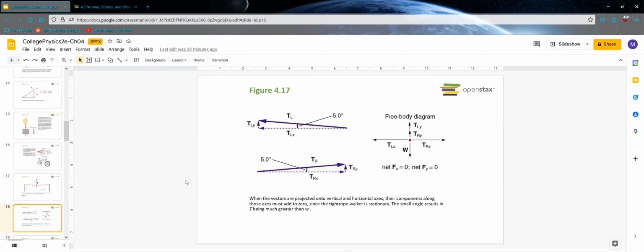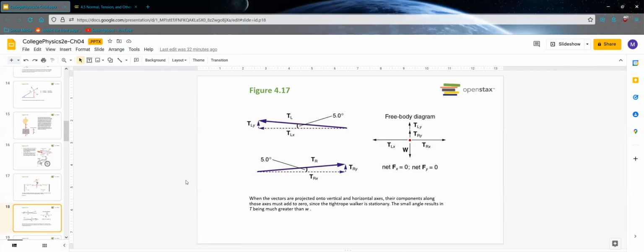The red dot there represents the tightrope walker, and he has left and right components of the tension, essentially holding the rope together. Then he has the rope pushing him up a certain amount and his weight pushing down a certain amount. Noteworthy here is we're not given this in the question, but we need to remember these things.